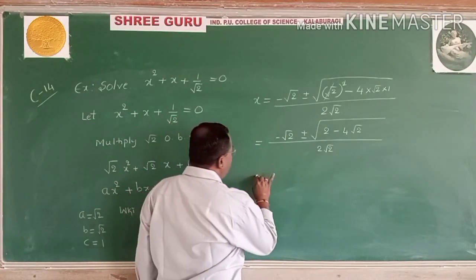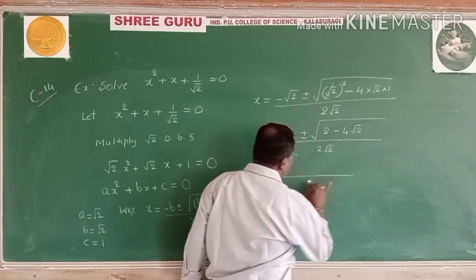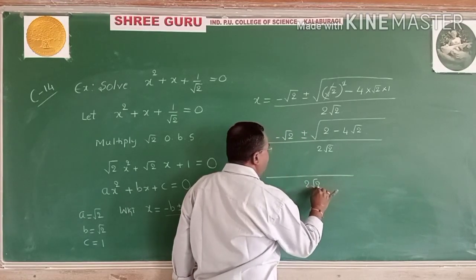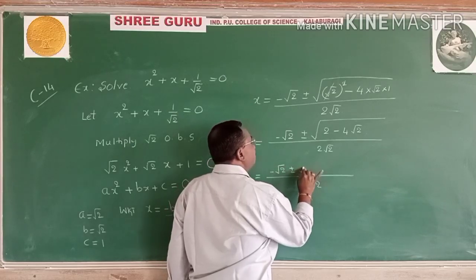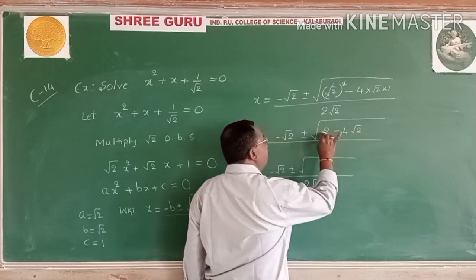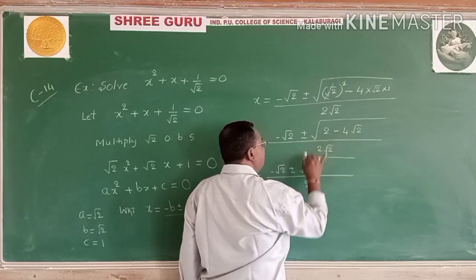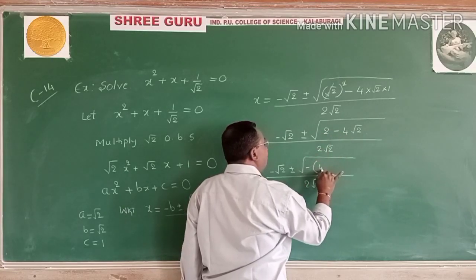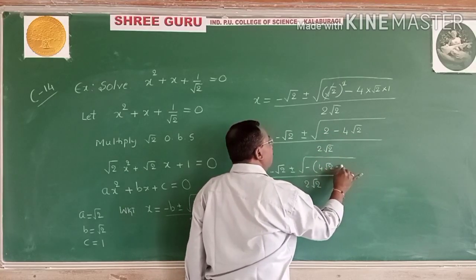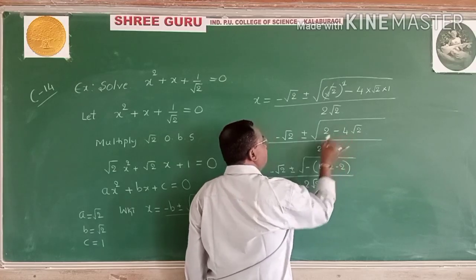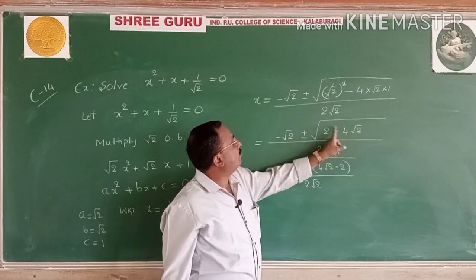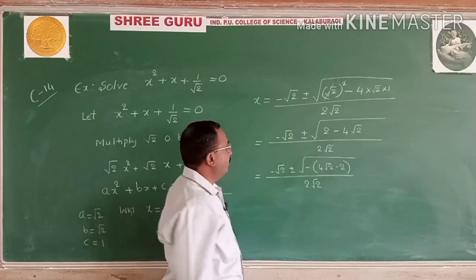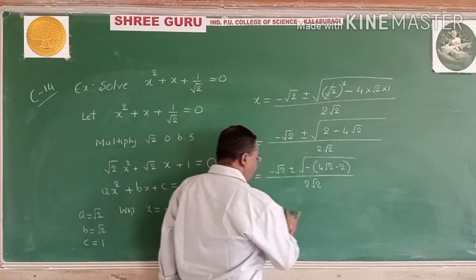So x is equal to minus root 2 plus or minus square root of, first write this one, second write this one, taking minus common, minus of 4 root 2 minus 2, divided by 2 root 2.